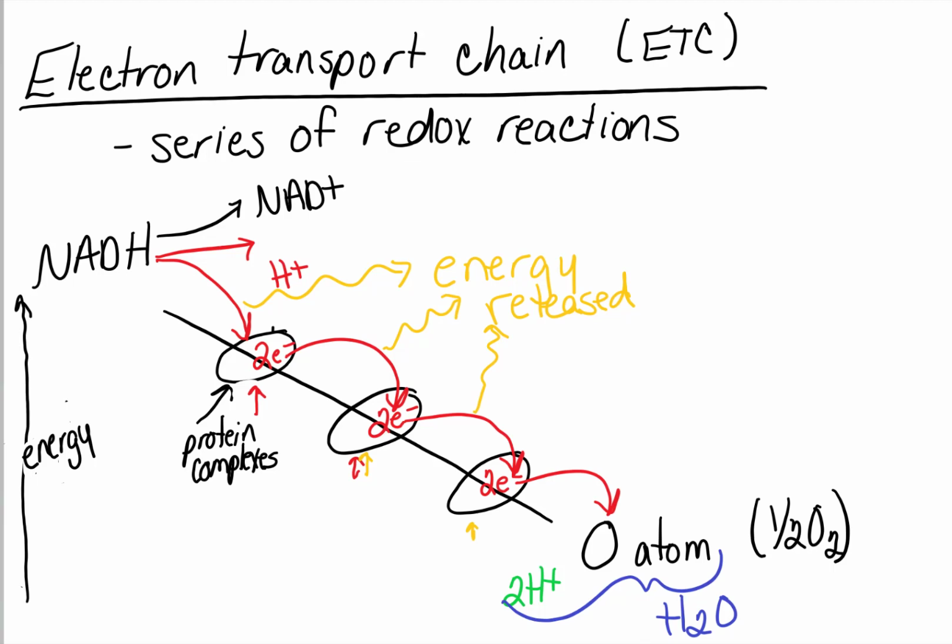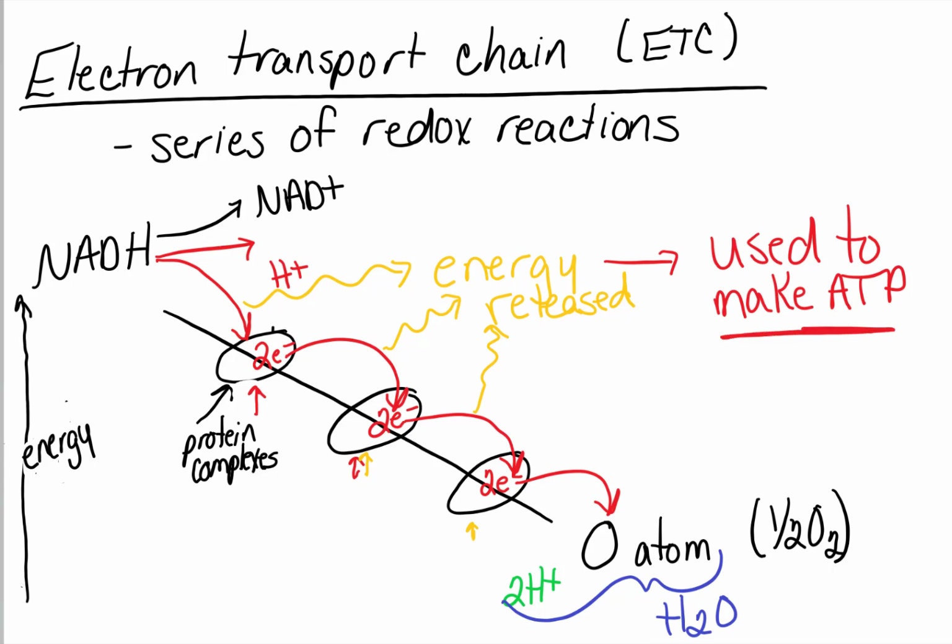Now, ultimately, this energy that is released is going to be used to make ATP. And in the next module, we'll focus more on the mechanism by which this energy is used to make ATP.